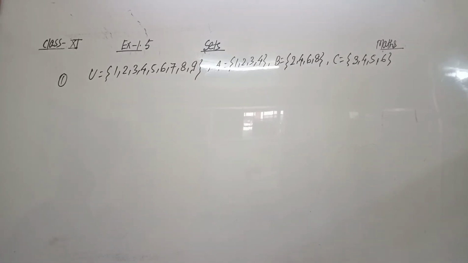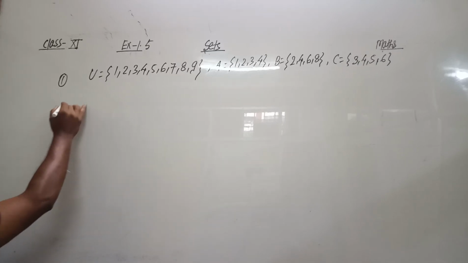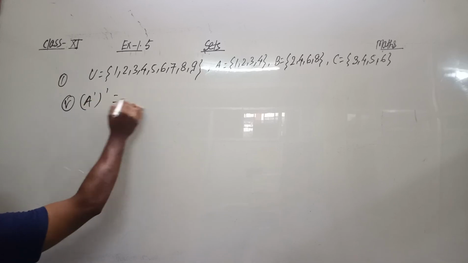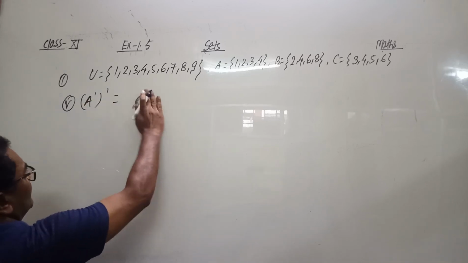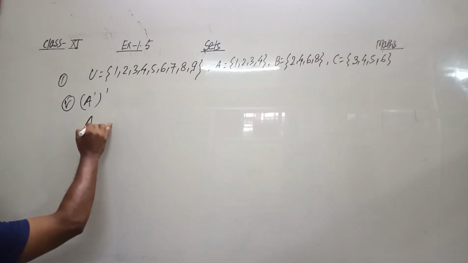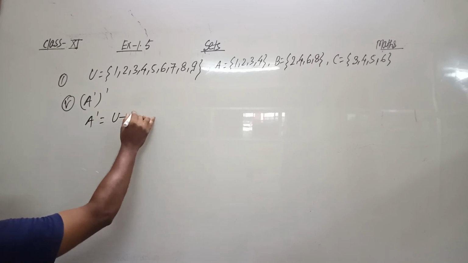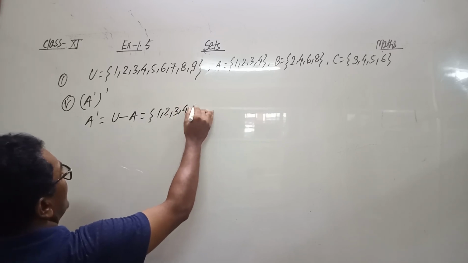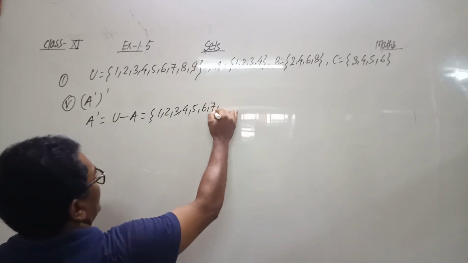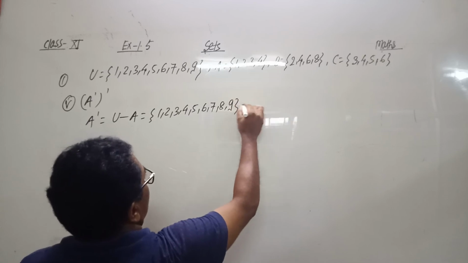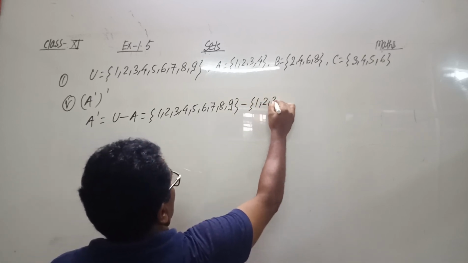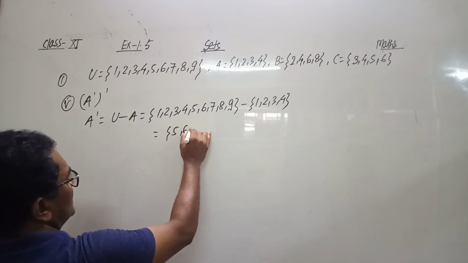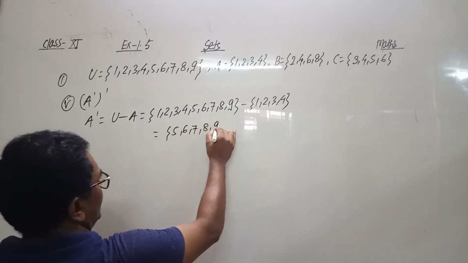Next is part 3. A dash dash. So firstly we calculate A dash. So A dash equals U minus A, and U is 1, 2, 3, 4, 5, 6, 7, 8, 9, minus set A is 1, 2, 3, 4. So the result is 5, 6, 7, 8 and 9.